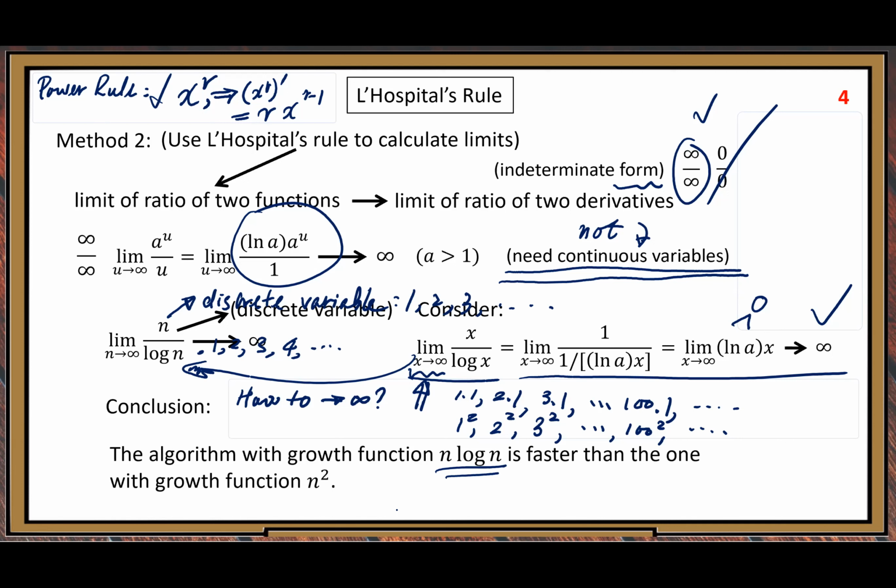The number of operations larger means your algorithm is slower. Think about the opposite. The function grows faster, that means your algorithm is slower. The function grows slower, that means your algorithm is faster. Just opposite trend.